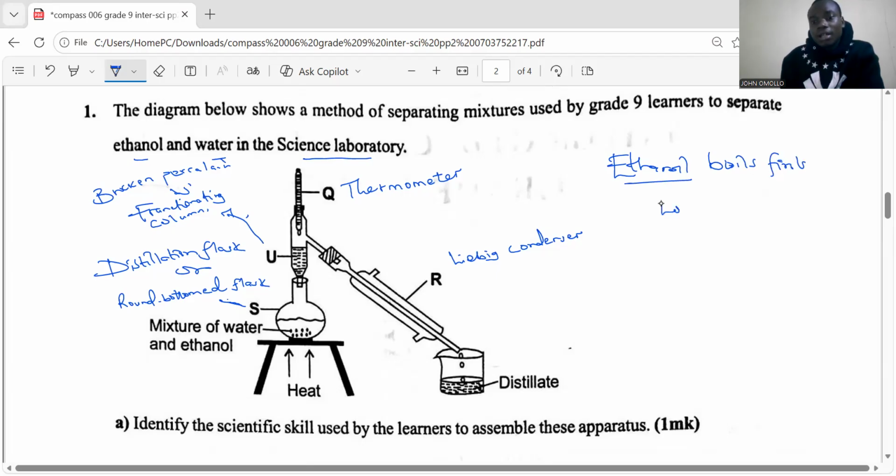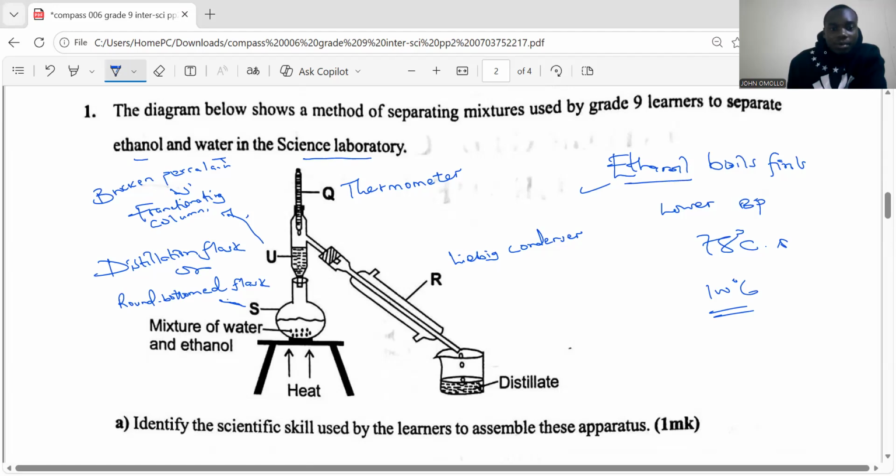Why? Because it has a lower boiling point of 78 degrees Celsius, and then water of 100 degrees Celsius. So when you heat the mixture, we are going to see the vapor of ethanol vaporizes first, and then later on the vapor of water vaporizing second.